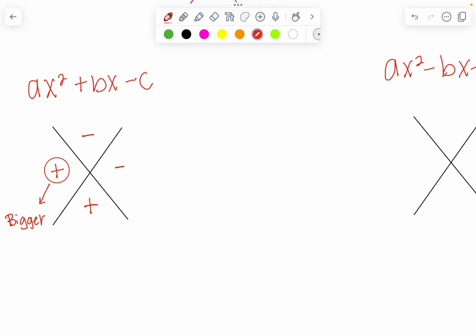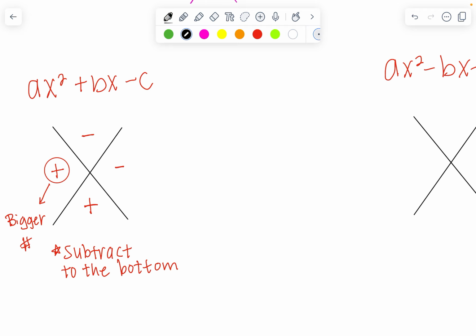That's going to be our bigger number. And in this case, we want to subtract to the bottom. So 2 numbers that multiply to give us the top, but subtract to give us the bottom.